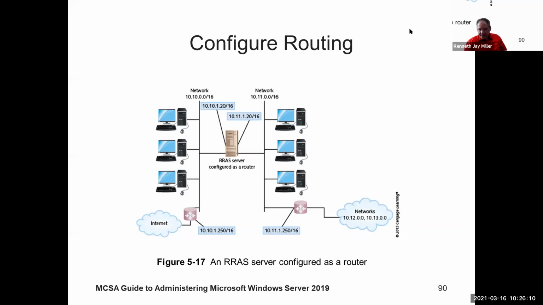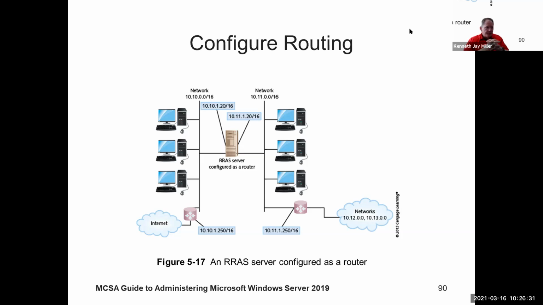Everything else is zeros. So there's 8 ones, 8 ones, 8 zeros, 8 zeros. Same on this side. Wherever we have ones in our subnet mask, that refers to the network side of things. Wherever we see zeros, that refers to the host.